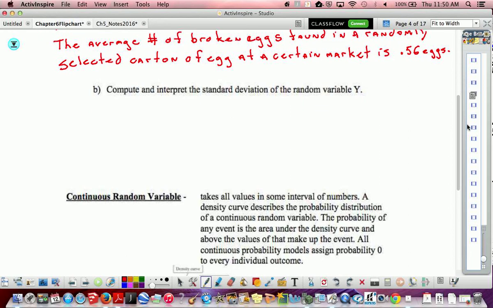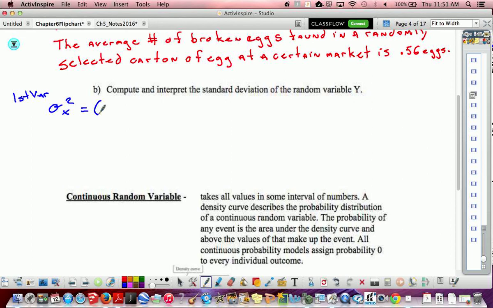So some of you are already ahead of me on the standard deviation. In order to do standard deviation, first you do the variance. Notice how I write the squared with it: standard deviation squared.